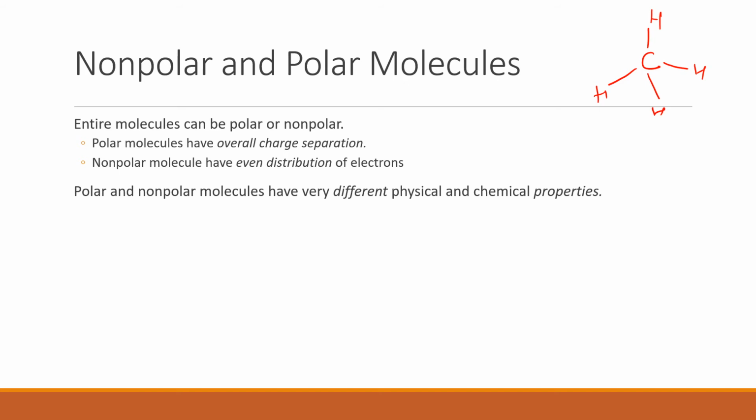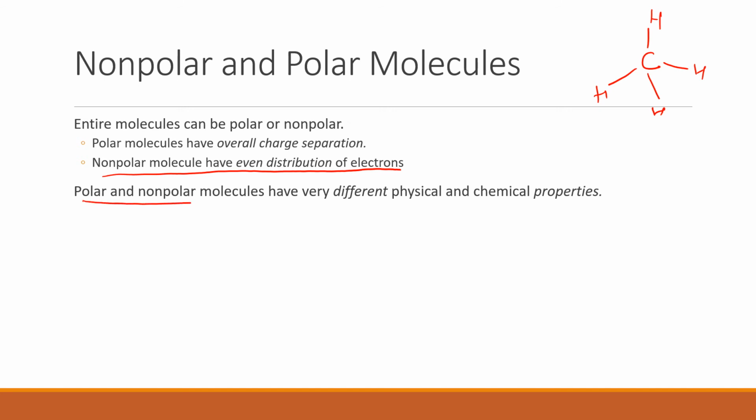So the resulting effect is that just like bonds may be polar or non-polar, the overall molecule may also be polar or non-polar. In polar molecules, we have a separation of charge within a molecule, and we call that separation of charge a dipole. In contrast, non-polar molecules have even distribution of electrons, hence there is no separation of charges and therefore no dipole.